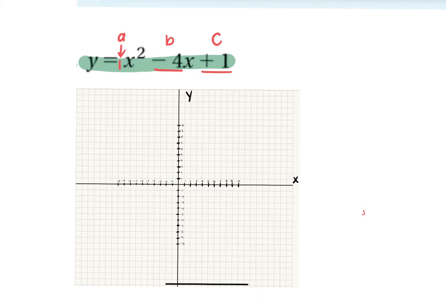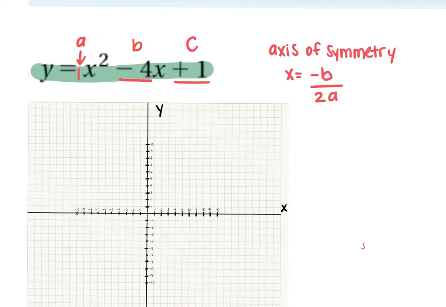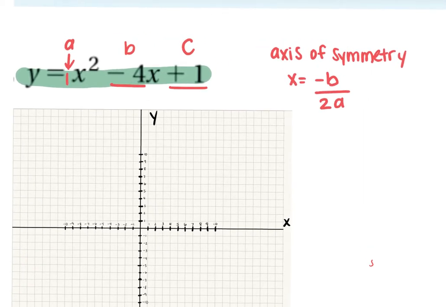Remember, your axis of symmetry, you're going to have to memorize this, is x equals -b over 2a. Always and forever, okay? -b over 2a. You're going to have to memorize that, okay?